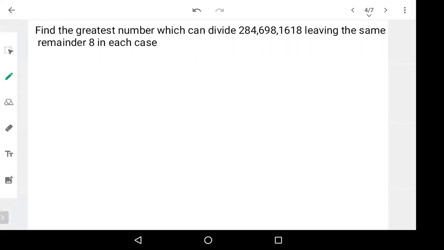So what they are trying to say here is, we have to find one greatest number which will divide 284, 698 and 1618. When you divide the three numbers given here by that number, it is supposed to leave a remainder of 8 in each case. Okay, so this is the problem. Did you all understand the problem first?